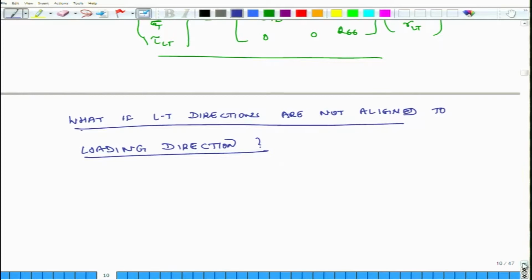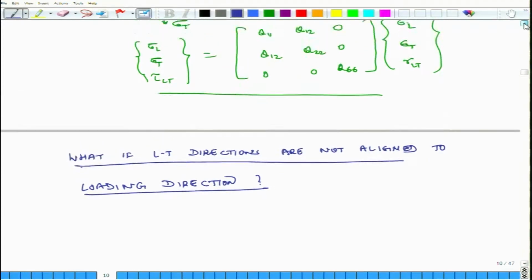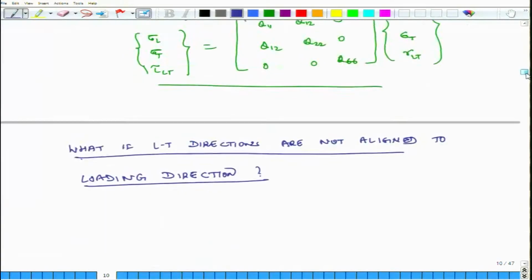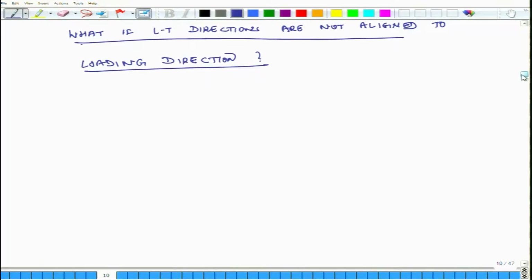Then can we have a similar stress strain relationship, and what will be the nature of the Qs? In this case we have Q11, Q12, 0, Q12, Q22, 0, and 0, 0, Q66. So, what kind of stress strain relationship will there be and what will be the nature of the Qs? This is the question. I just want to make this clearer.